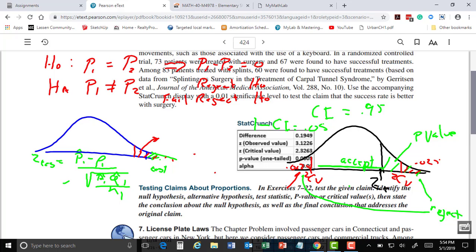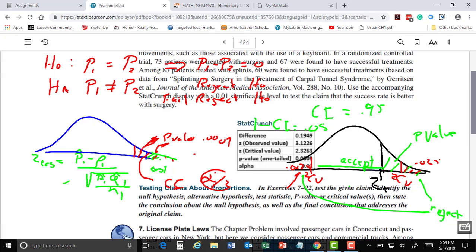This area, the red, would be your p-value. And that p-value was 0.0009. This guy was my critical value, or what we call our alpha divided by 2.